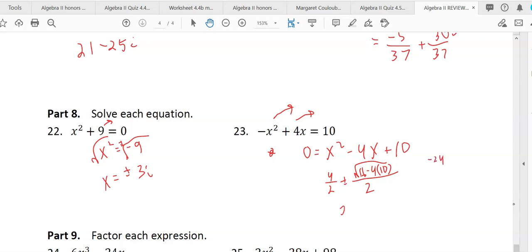So this ends up being 2 plus or minus i root 24 over 2. I think we just did that a minute ago. That was 2 root 6. So this is 2 plus or minus 2i root 6 over 2, so the 2's cancel. So you end up getting 2 plus or minus i root 6.